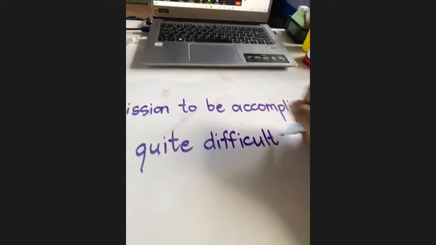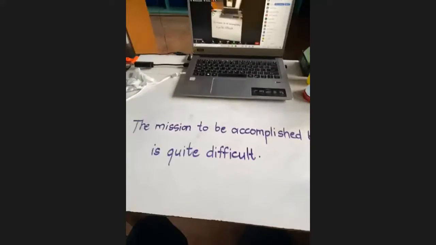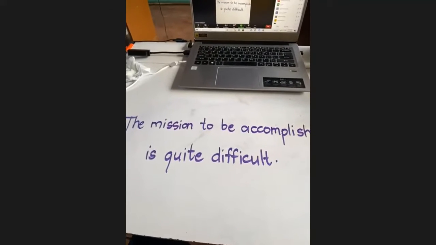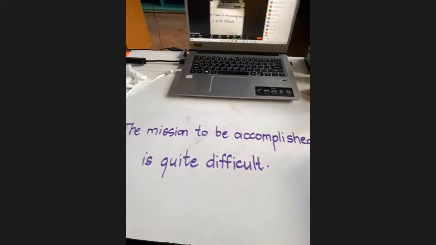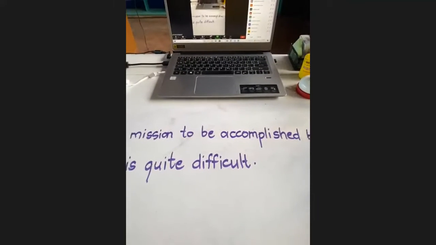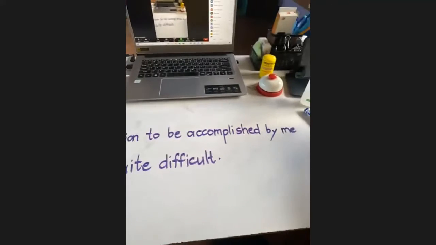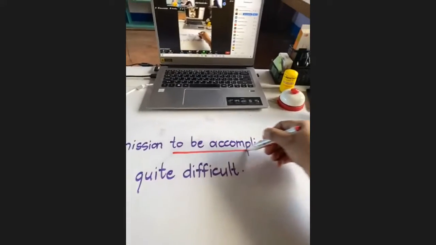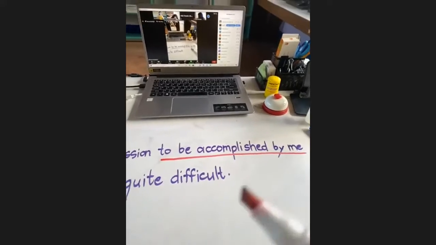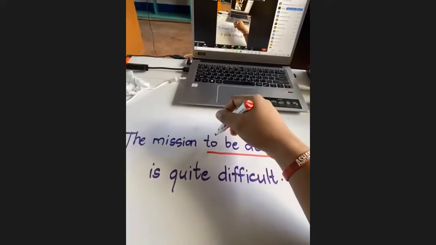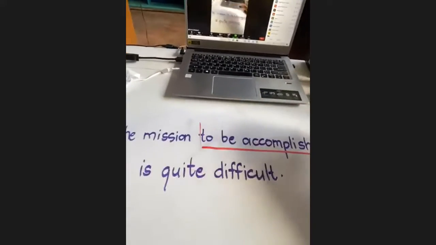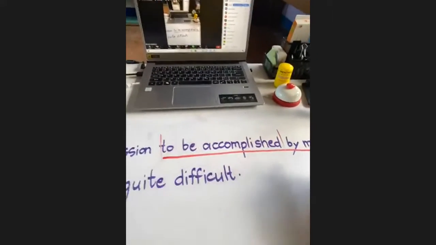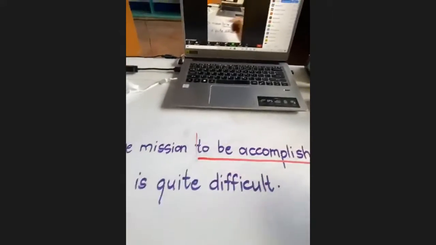So that's your sentence. The mission to be accomplished by me is quite difficult. So we have here, obviously, an infinitive phrase, and that infinitive phrase is to be accomplished by me. To be accomplished is our infinitive. It extends to its object, which is me. That's why we have an infinitive phrase.